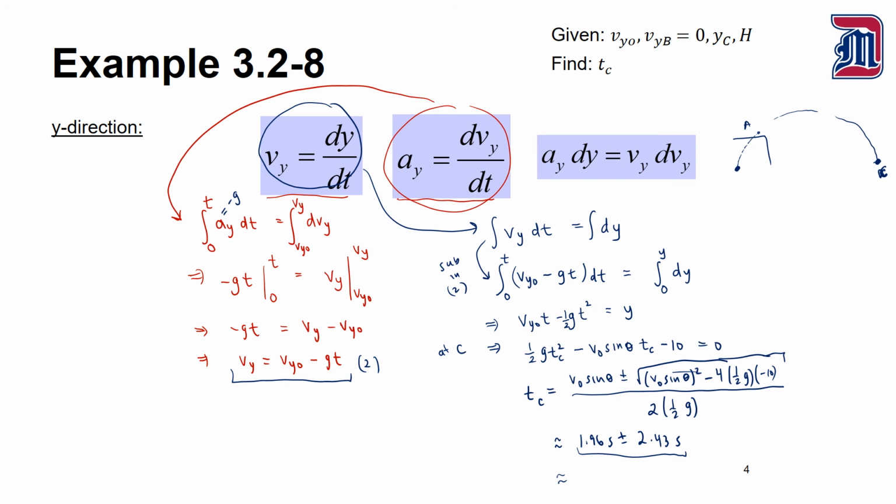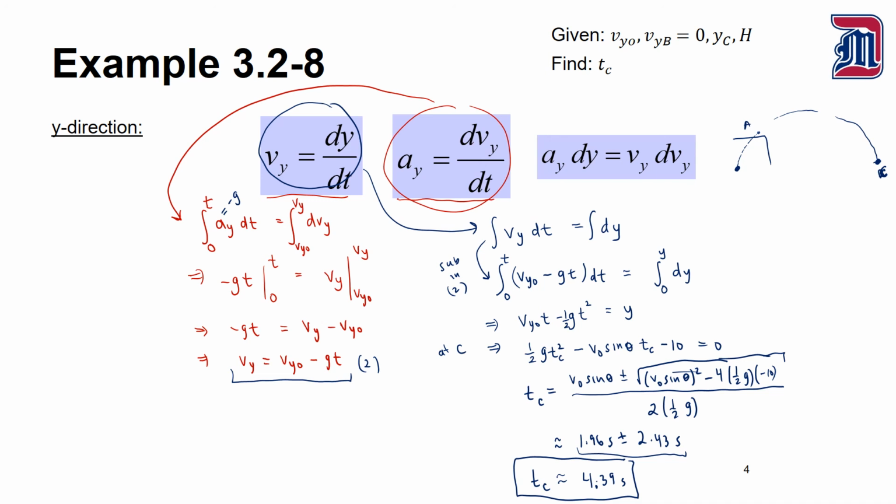Obviously, we don't go backwards in time, so we're only going to take the positive solution. In this case, the positive solution is 4.39 seconds. That is one of the unknowns that we wanted to find.